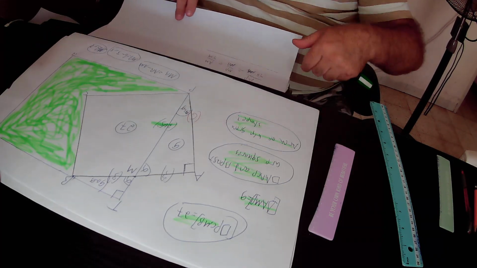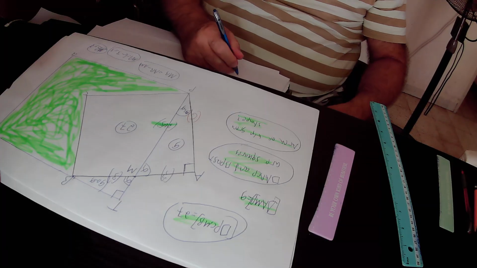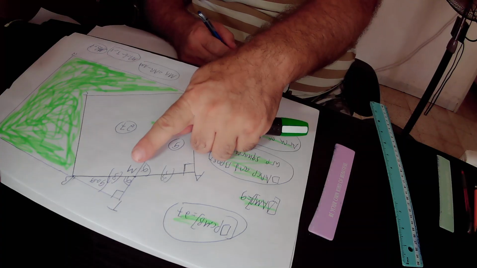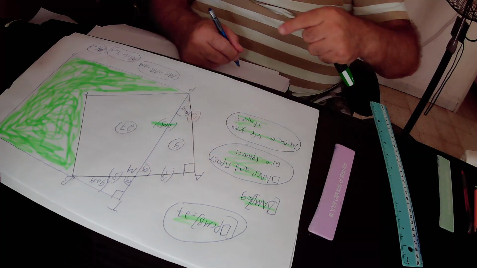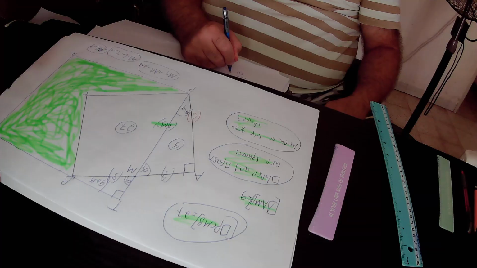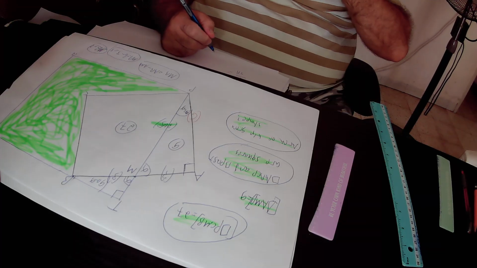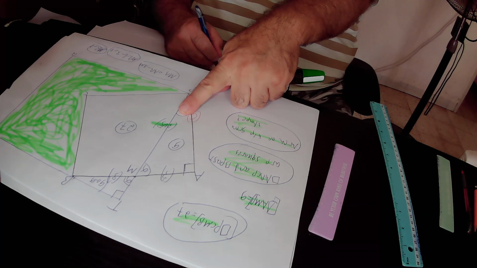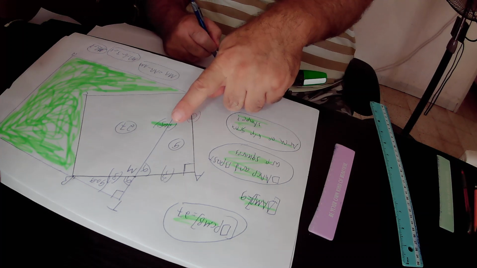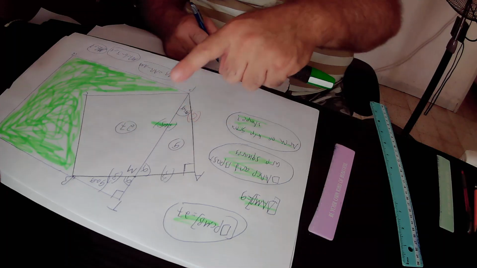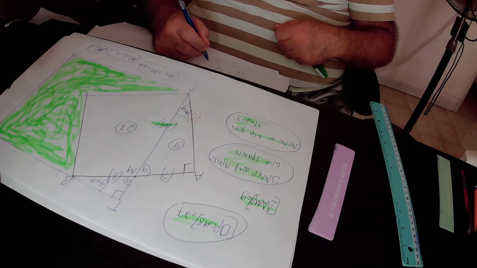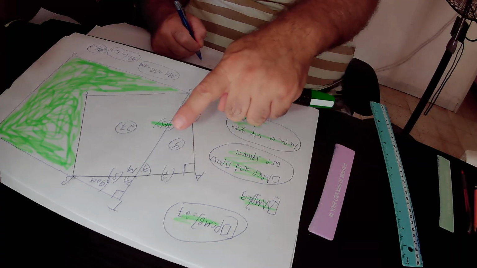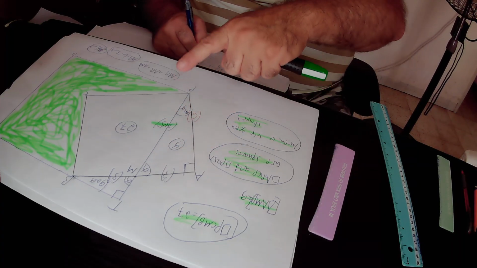AP is 6, over TB. TB is the missing side, so leave it as it is, and it is equal to MP, 3 times square root of 5 units in its length, over MB. We just write down further that MB equals 3, and it is equal to AM, that is 3, over TM. TM is the missing side, so leave it as it is.